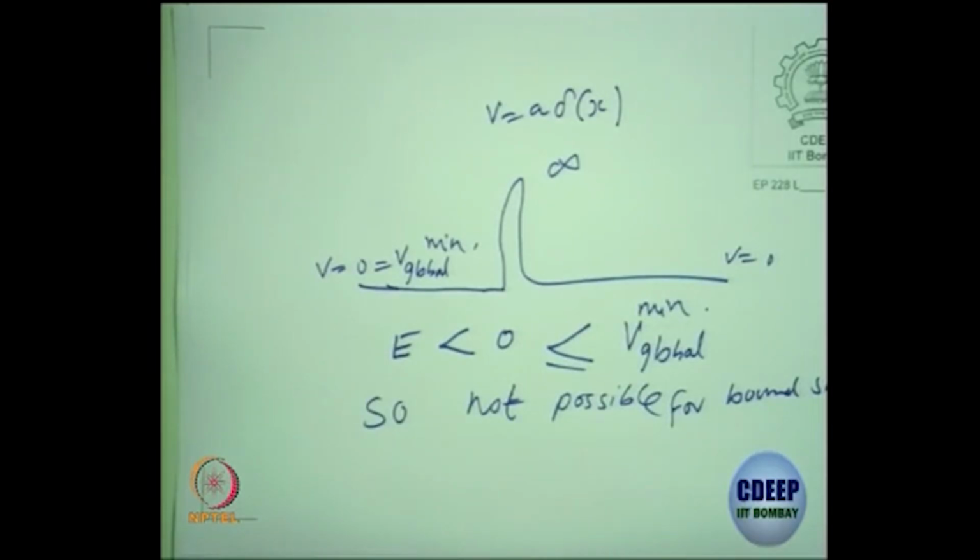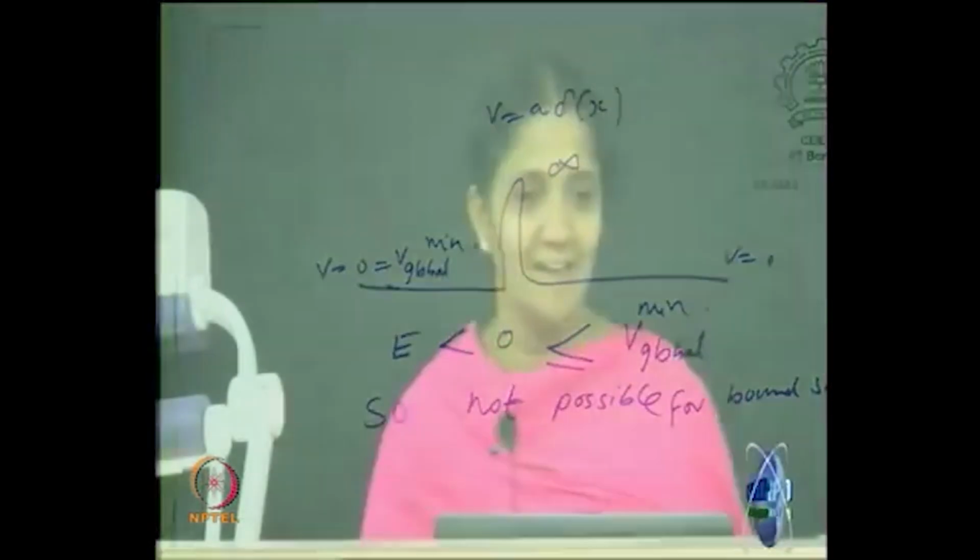So you will think that making an attractive potential repulsive should not change the situation mechanically, because the final result you find for your reflection or transmission coefficient is a function of A squared. You should go and check it. So with A going to minus A, it will appear that a bound state is possible.